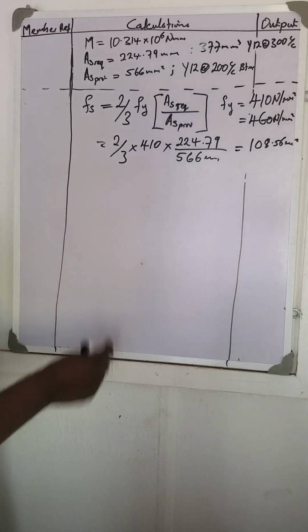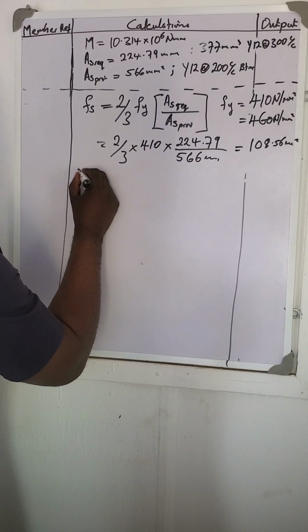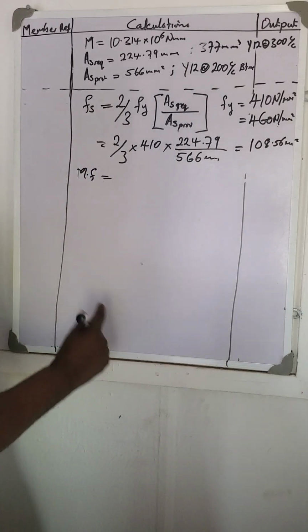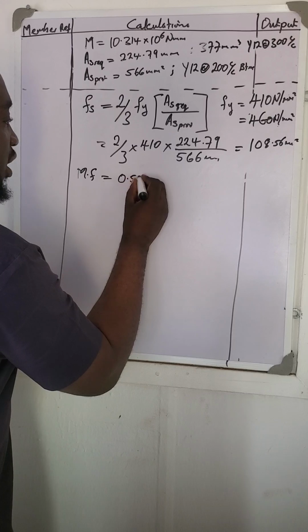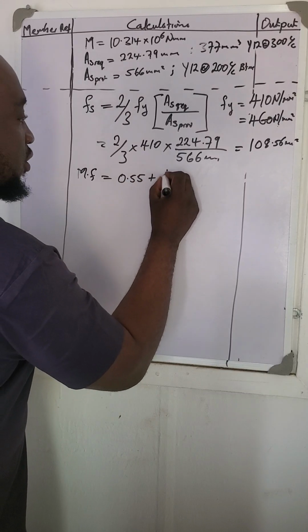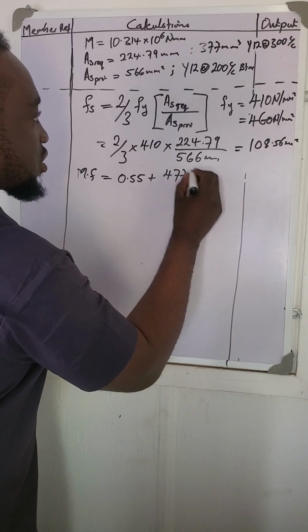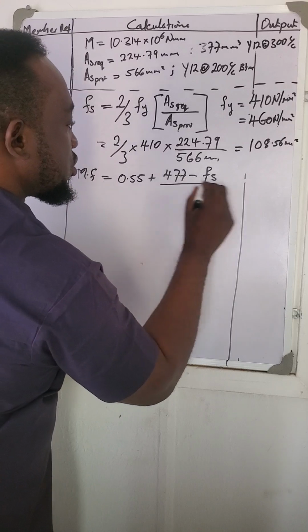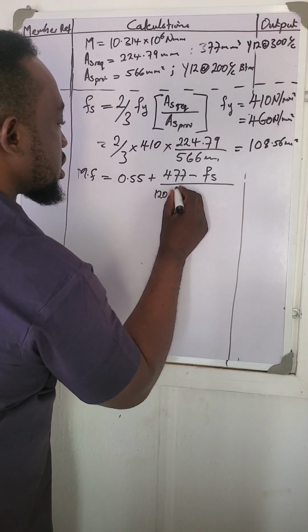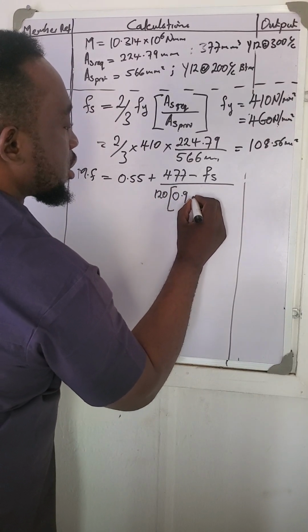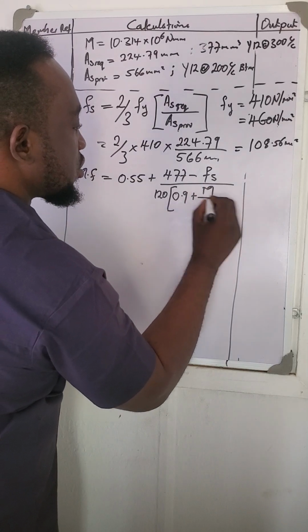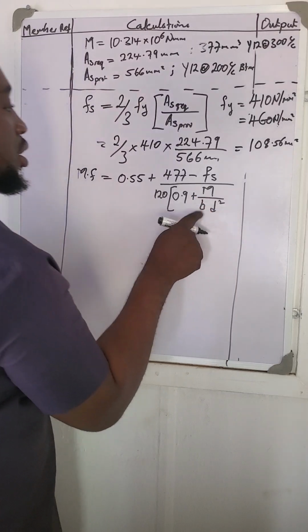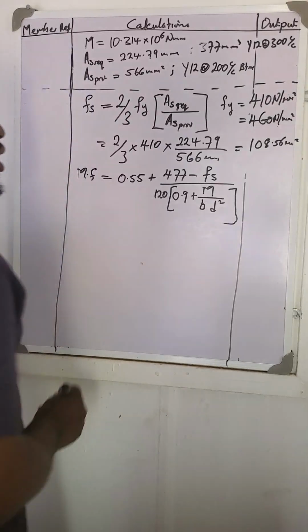Okay, now we move straight to modification factor. The formula for calculating your modification factor is 0.55, which is a constant, plus 477, a constant, minus service stress of steel, FS, over 120 constant into 0.9 constant, plus your moment over BD square, where your B is 1000 millimeters.